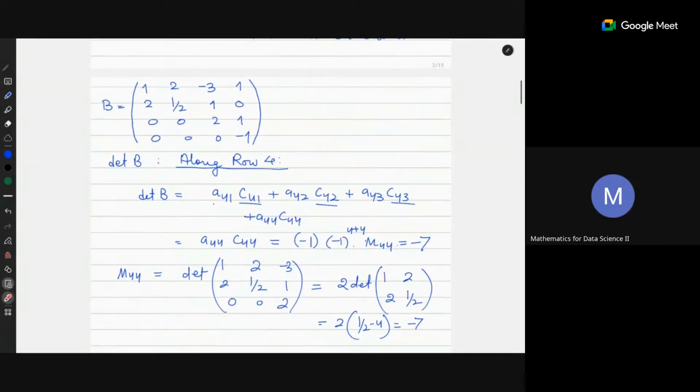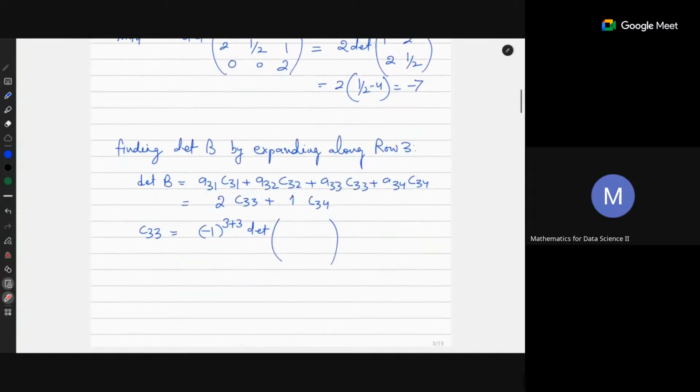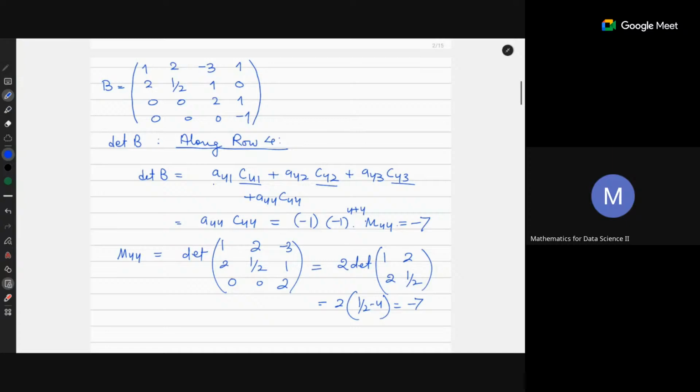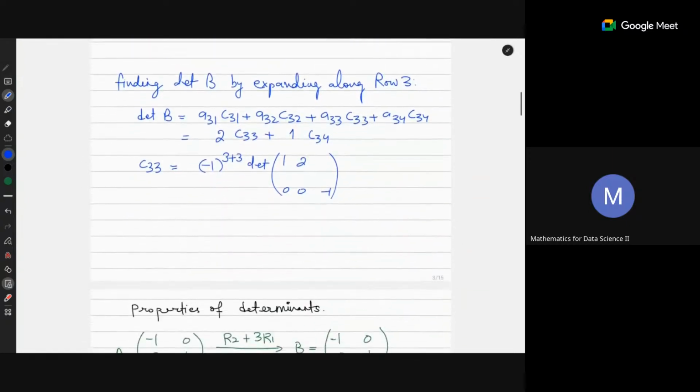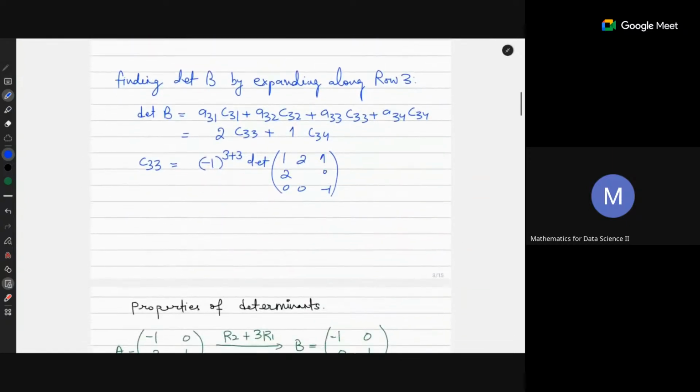Since it is C33, you remove this row and this column. So this is the remaining matrix: 1, 2, 0, 0 over here, minus 1 over here, 2, minus 1. If you calculate the determinant of this, you will again get 7.